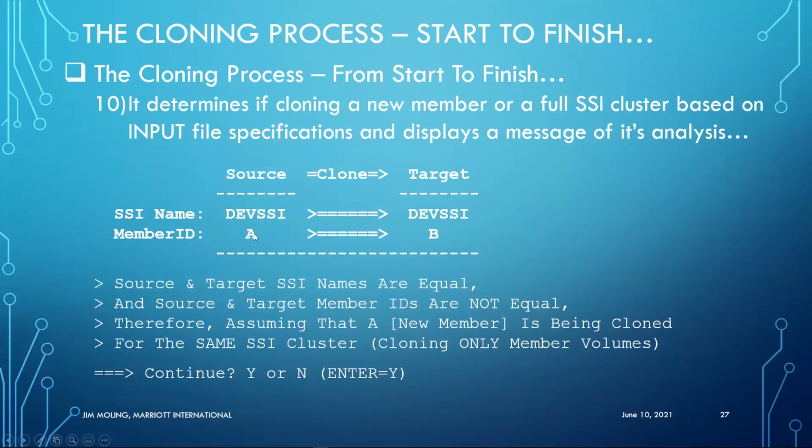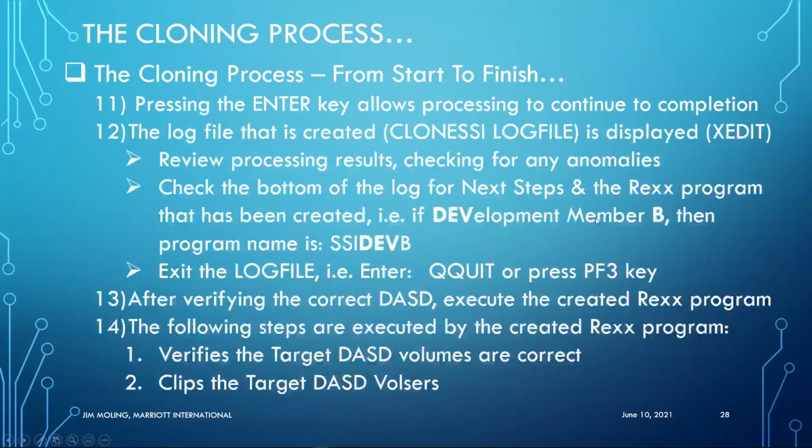Especially if the member ID on the source is A and the target is something other than A. So a couple of things it won't like: if you have dev SSI A here and you have dev SSI A here, like to like, it's not going to like that. That doesn't make sense to it. I don't think that should happen. And why would you? It's like you're trying to write over the system that you're running on. Not a good idea.